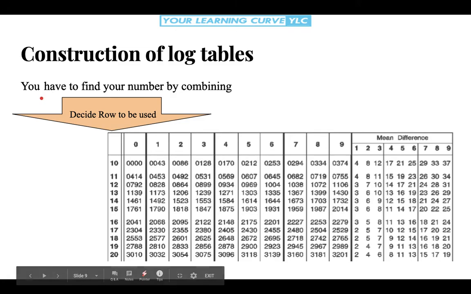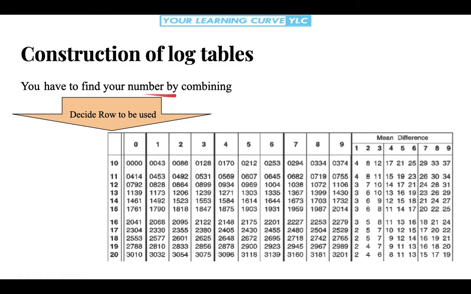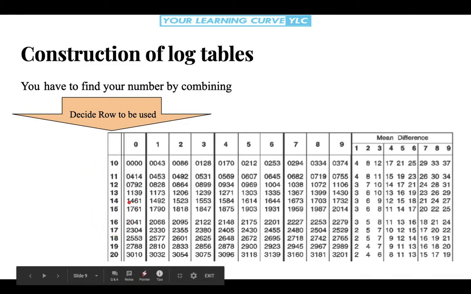Construction of log tables: you have to find your number by combining this column and this row. This column tells you which row to be used. You'll find one of the numbers over here, and then you will see which row to be used.